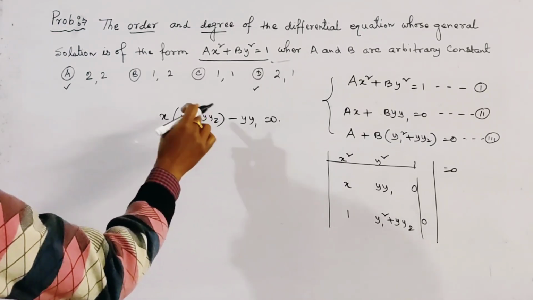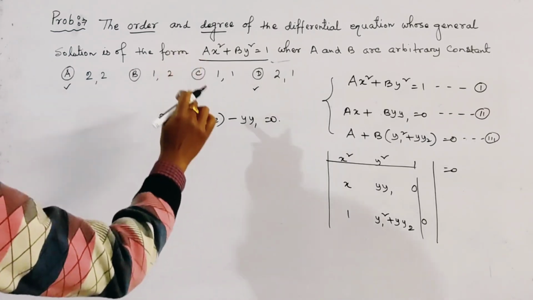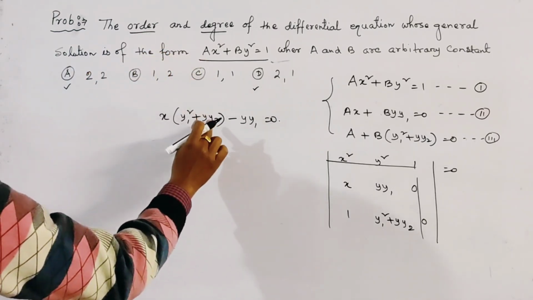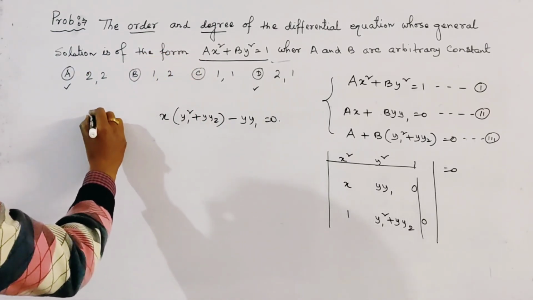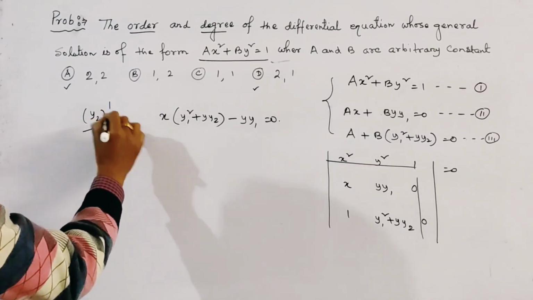So we say that the order is 2 and the degree is 1, because the power of y2 is 1 here.